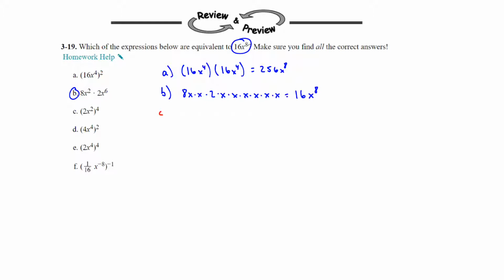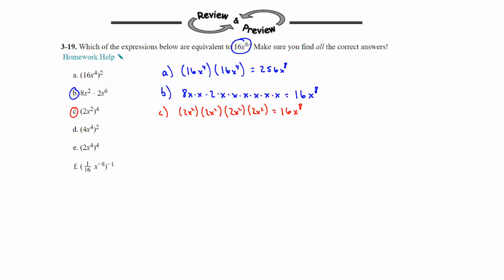On to C, we have 2x squared times itself 4 times. And so that's 2 times 2 times 2 times 2, which is 16. And then x squared times x squared times x squared times x squared gives you a total of 2, 4, 6, 8 x's.